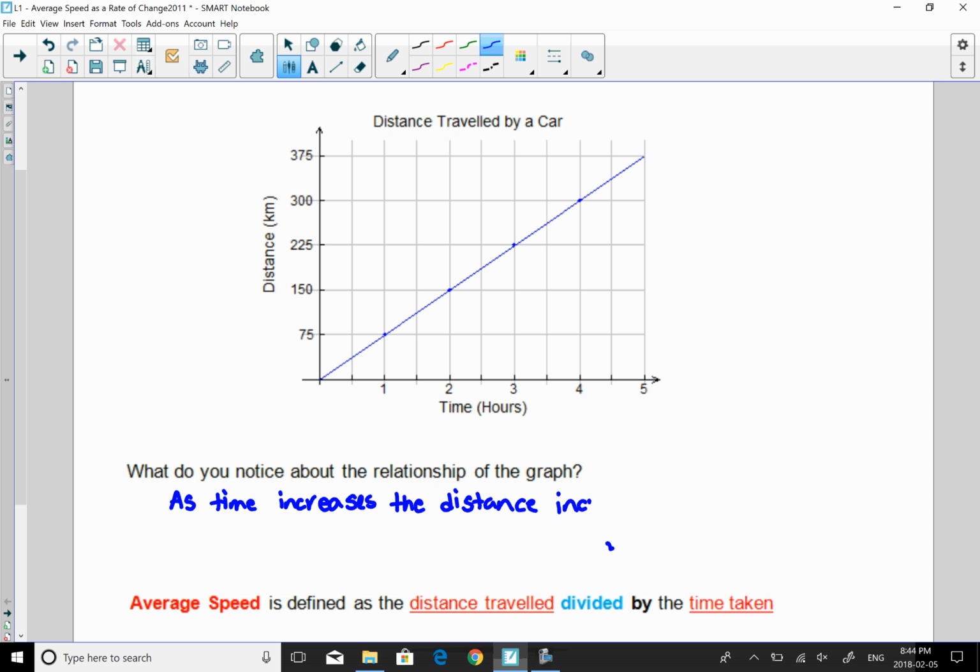You can also notice that it's linear, which means that it's a steady speed throughout the whole time the car is traveling.